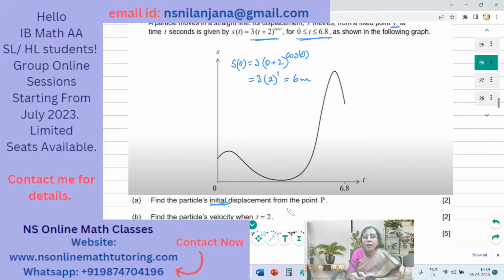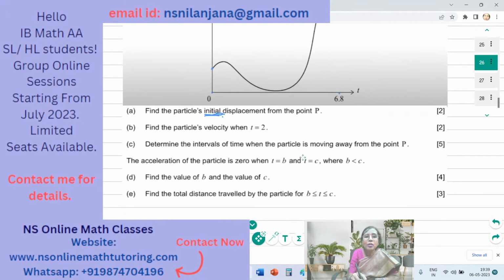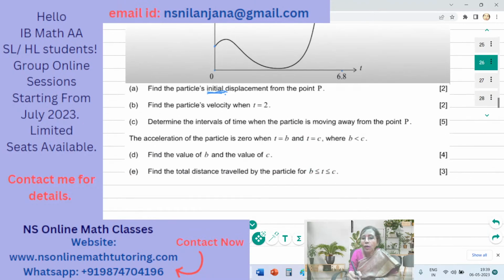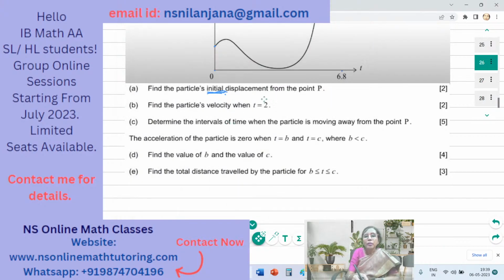That is the displacement from the point P at t equal to 0. Or else, if you want, you will be needing this graph. So you can see, if you just count the horizontal lines, you see 1, 2, 3, 4, 5, and 6. Okay, the y-intercept is (0, 6). So anyway, the answer is 6 meters.